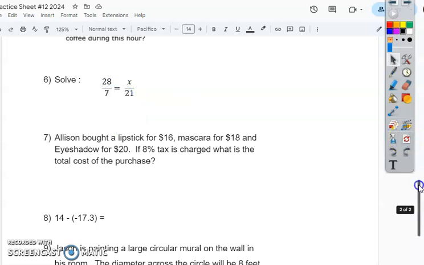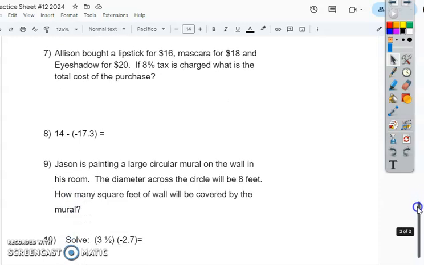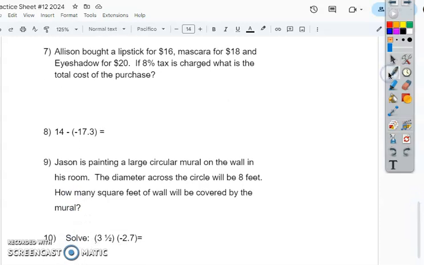Okay. Number 7. Guys, the biggest thing when you are doing percents is please make sure you read carefully, you answer the right question. This says, Allison bought a lipstick for $16, mascara for $18, and eyeshadow for $20. If the tax is 8%, so that's my tax rate, is charged, what is the total cost?